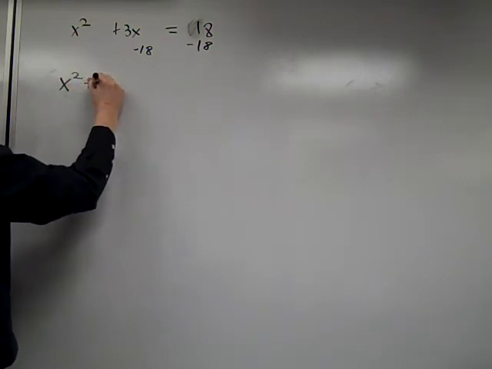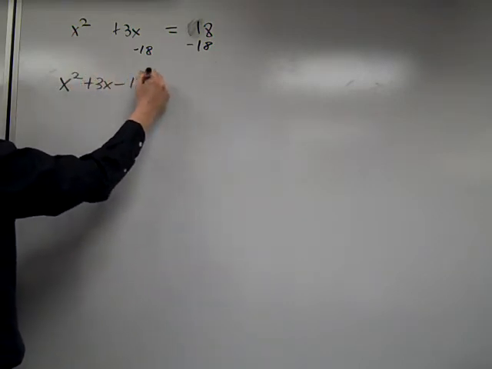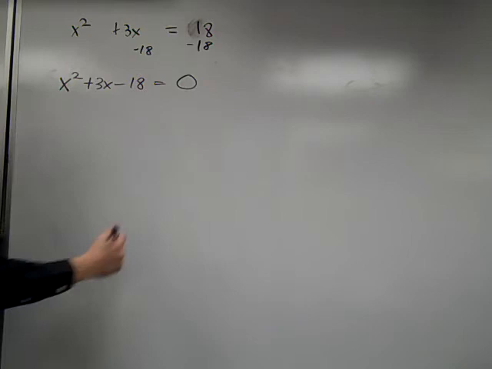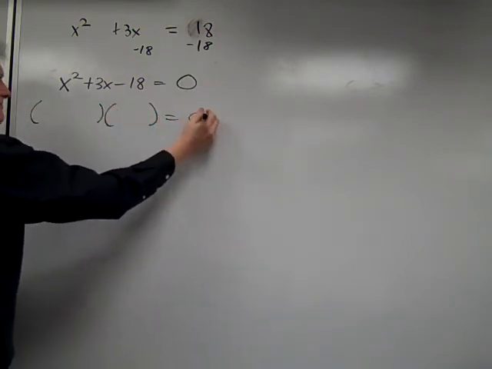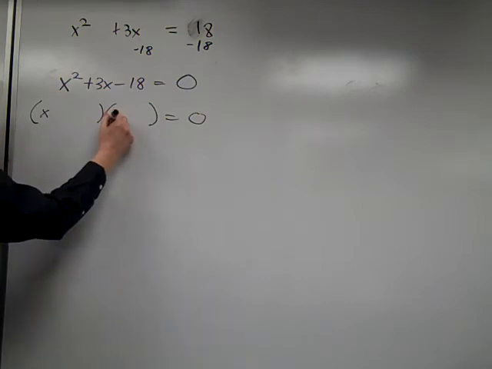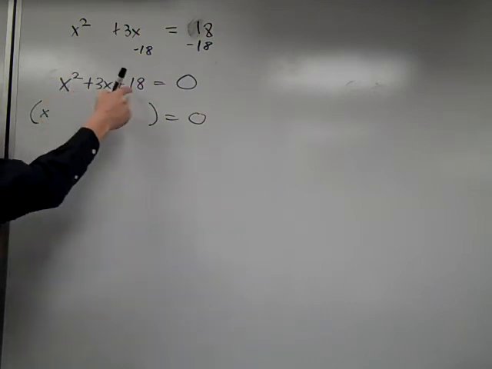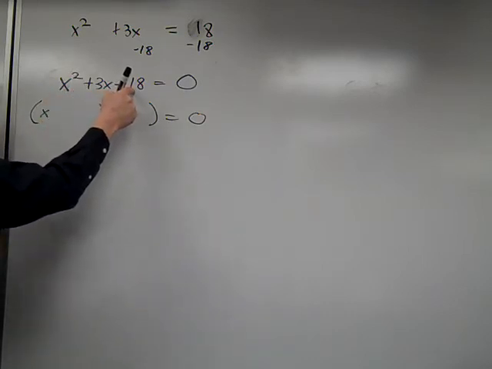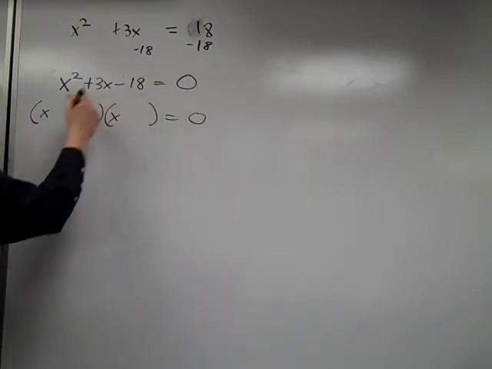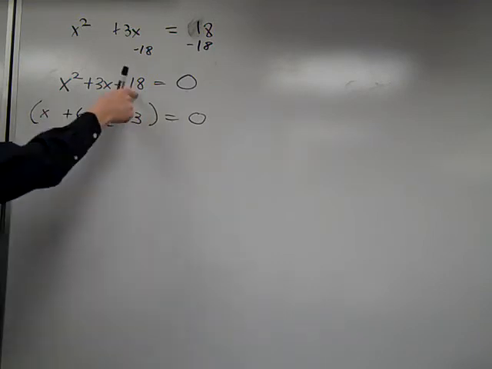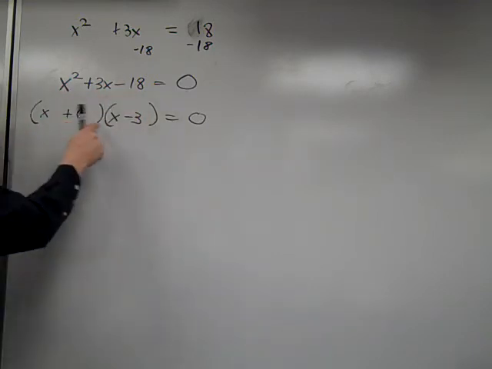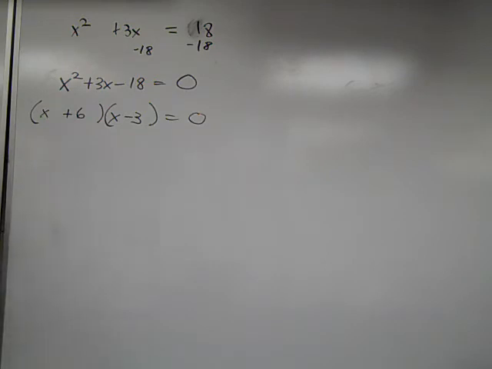X squared plus 3x minus 18 equals 0. And then we start factoring. So this is x and x. We need two things that multiply to give negative 18, add up to give positive 3. That would be plus 6 and negative 3. 6 times negative 3 is negative 18. 6 plus negative 3 is positive 3.